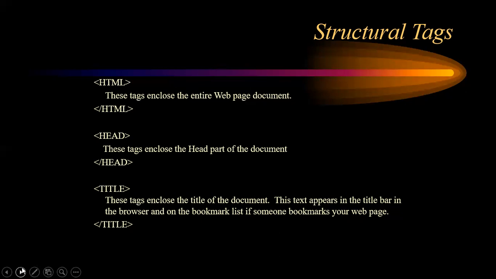This title will enclose the title of the document, and the text given for the title will be displayed in the title bar of your browser. And if someone bookmarks your website or web page, then this text will appear in the bookmark list.